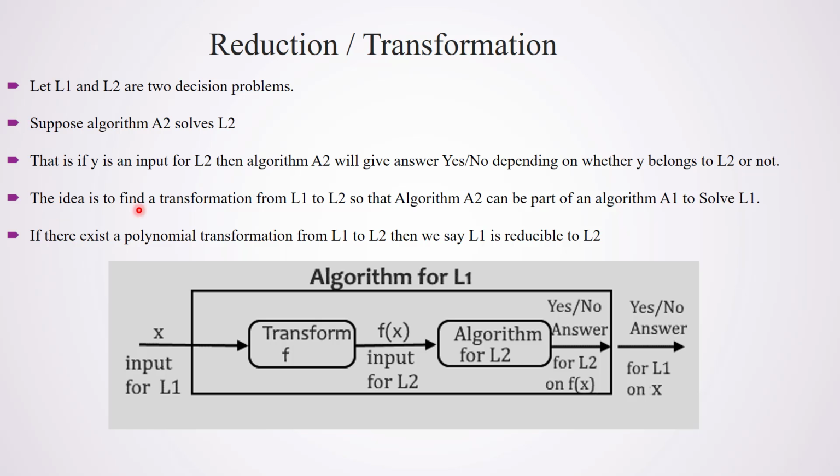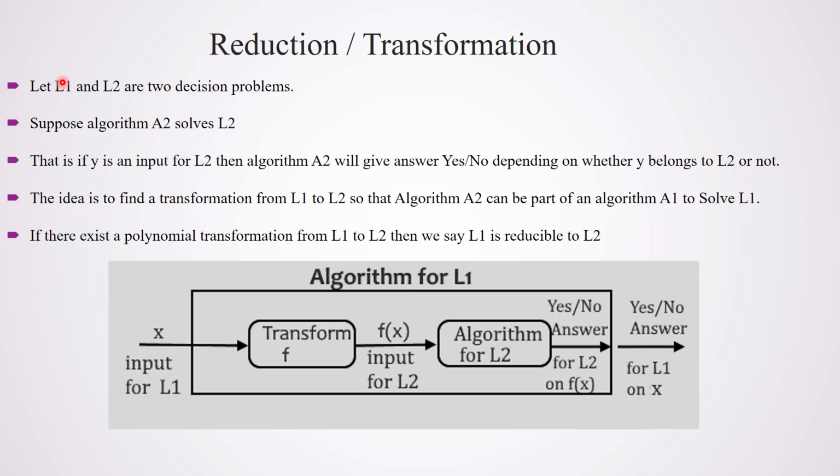The idea is to find a transformation from L1 to L2 so that algorithm A2 can be part of an algorithm A1 to solve L1. Here we have an algorithm A2 to solve L2. Similarly, we have to design some algorithm A1 to solve L1.